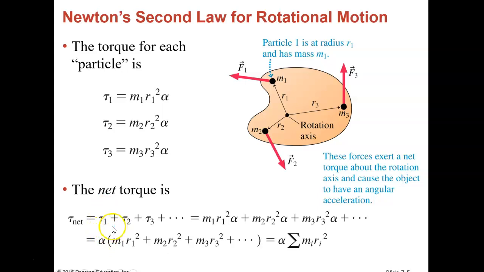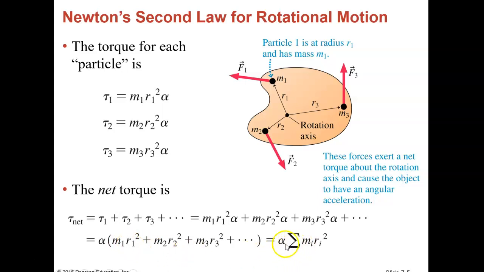So we start off by doing net torque is just torque 1 plus torque 2 plus torque 3, etc., which are found up here. But we can take out the angular acceleration because it is constant.